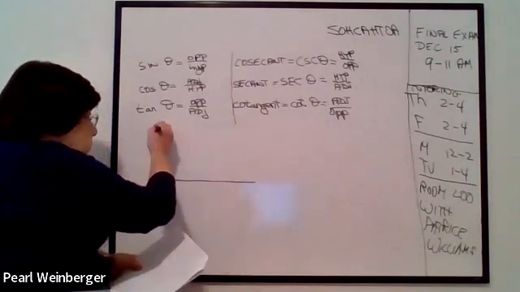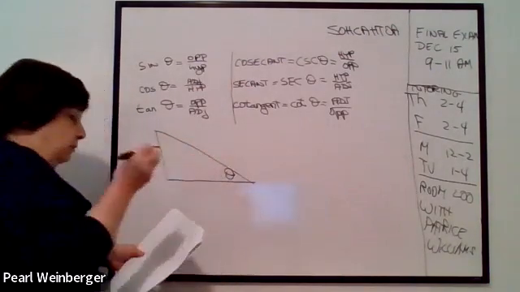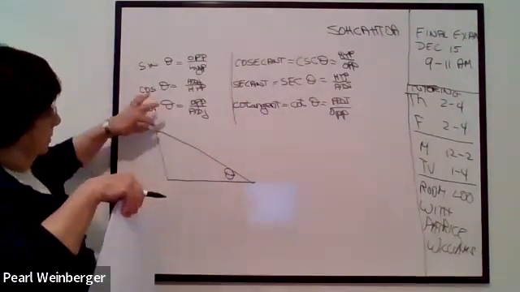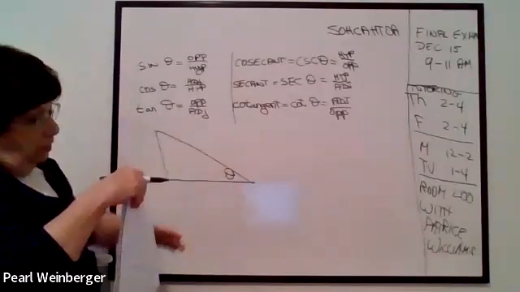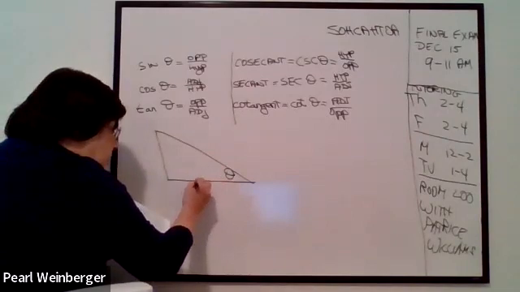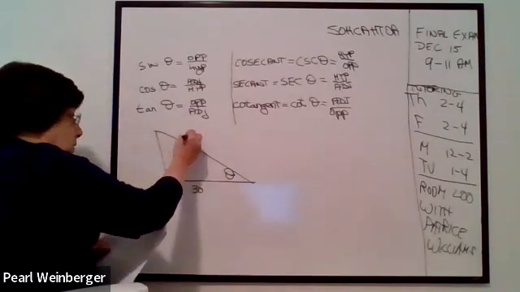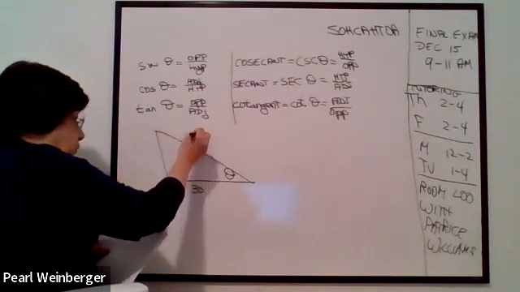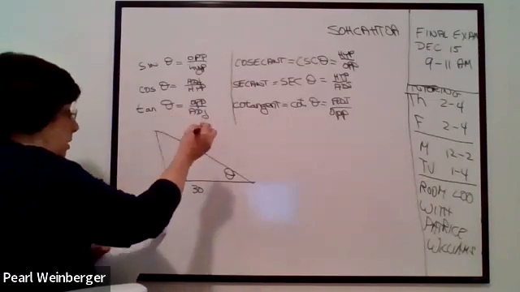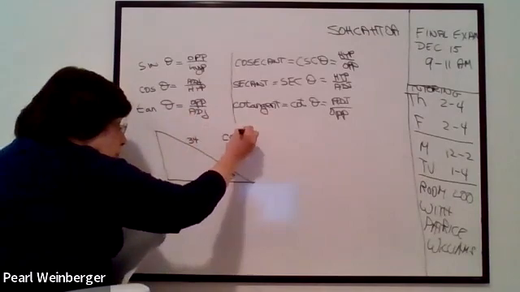You have this triangle. Let's call this our angle theta. Usually I put the theta over here, but sometimes they put it over here, and this time they put it over here. They gave us this side to be 30, this side to be 34. And they asked me to find the cotangent of theta.